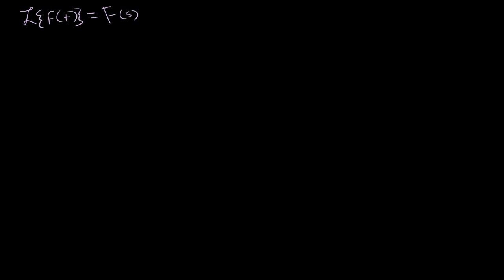And given that, in the last video, I showed you that if we had to deal with the unit step function, the Laplace transform of the unit step function that becomes 1 at some value c, times some shifted function f of t minus c, is just equal to e to the minus cs times the Laplace transform of just this function right there. So e to the minus cs times F of s.